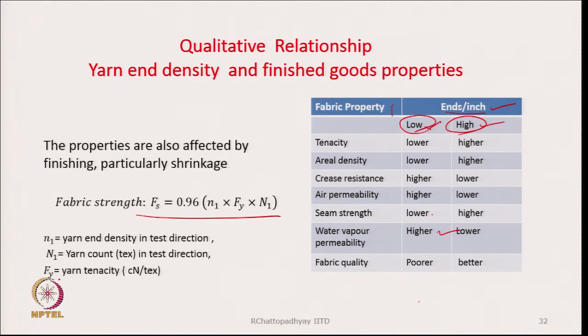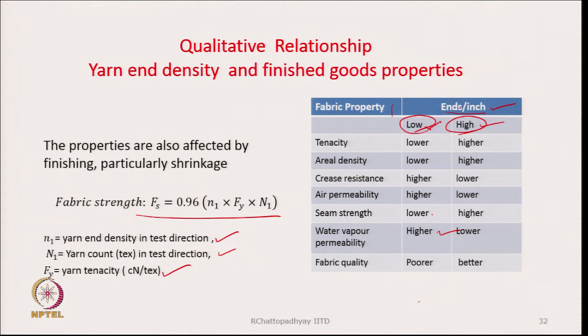This is a quantitative relationship between fabric strength and yarn end density, the yarn count and yarn tenacity. This is a qualitative relationship. So, initially we should know the qualitative relationship between fabric property and fabric structural parameters. This is one structural parameter, that is ends per inch.